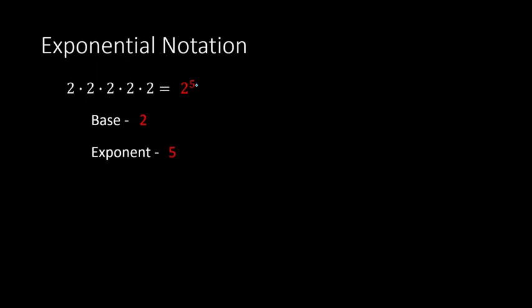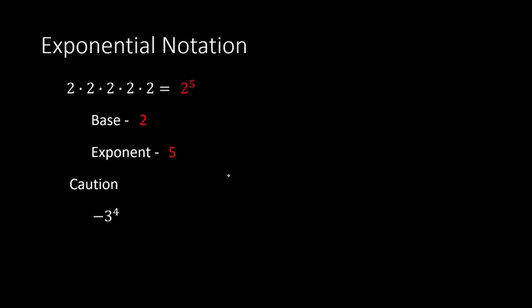And by the way, notice the 5 is a superscript. It is a smaller number, and it's written above the 2. So when I say smaller, it's smaller in size. So it's written smaller. All right, and the 5 is how many of those numbers are being multiplied together. So because we have 5 2's, it's going to be 2 to the 5th power.